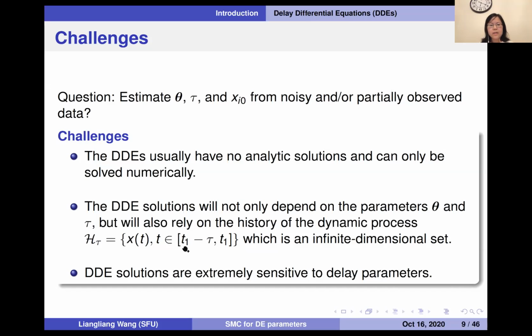So t is from t1 minus tau to t1, which is an infinite dimensional set. Another challenge is the DDE solutions are extremely sensitive to the delay parameter, that is the parameter tau in our notation.